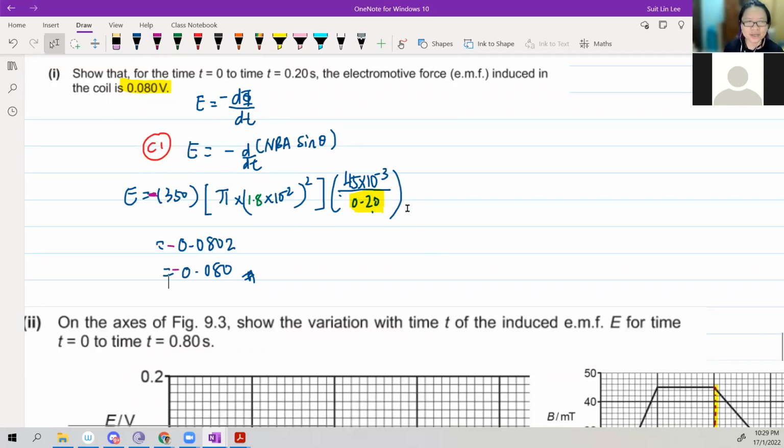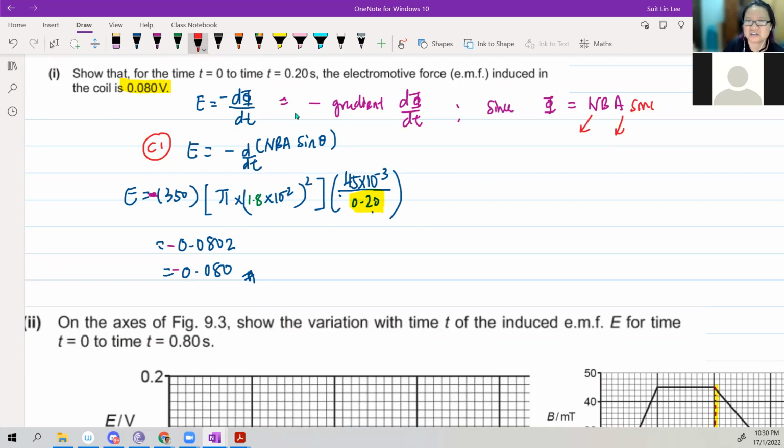And right now, it's all about the gradient. E is negative gradient of the flux, dΦ/dt. But since flux is NBA, and this N and A, and I guess sine theta are all constant, everything is constant, right?